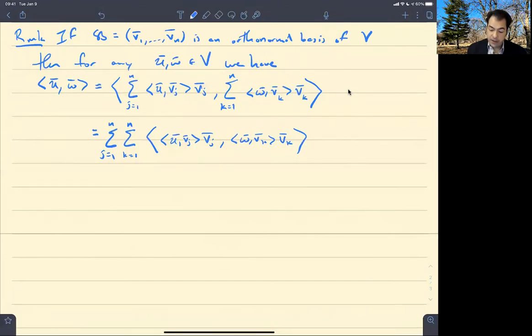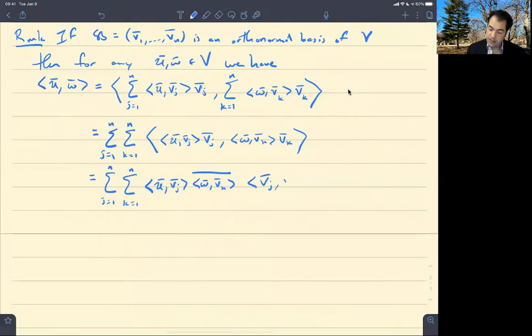Okay, now this is a scalar and this is a scalar, right? So I can pull this out just by itself, and I can pull this out with a conjugate, right? So this becomes the sum j goes from 1 to n, sum k goes from 1 to n of the inner product of u with vj times the inner product of w with vk conjugate. And then what's left? Well, in the first entry, I'm left with the vj, and in the second entry, I'm left with the vk. Okay?